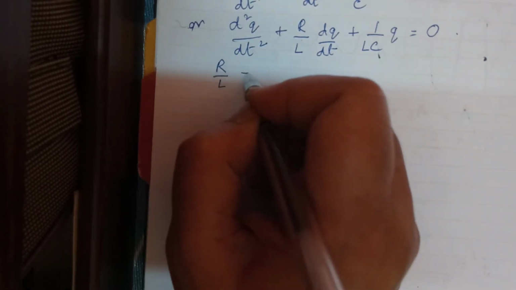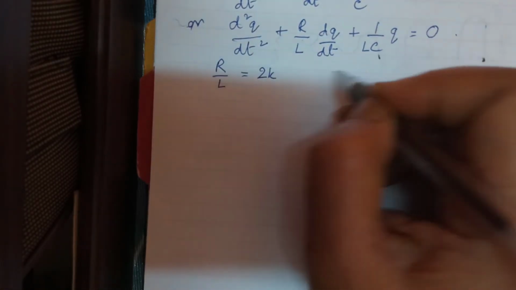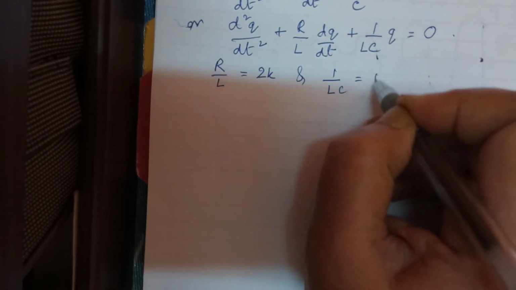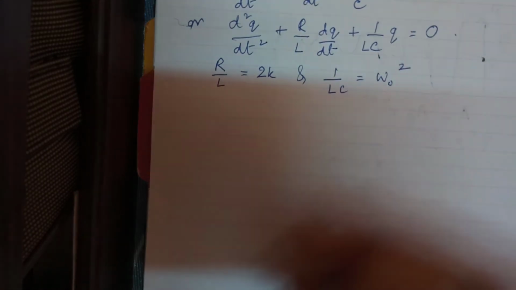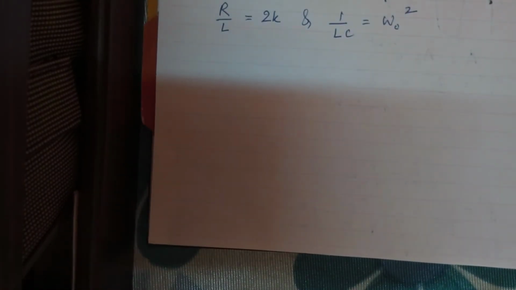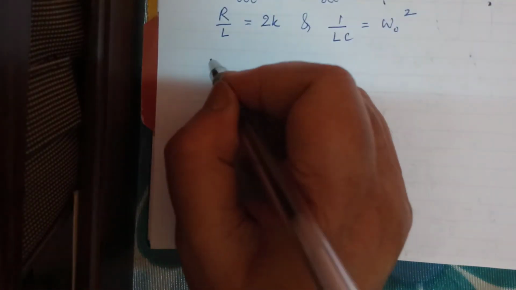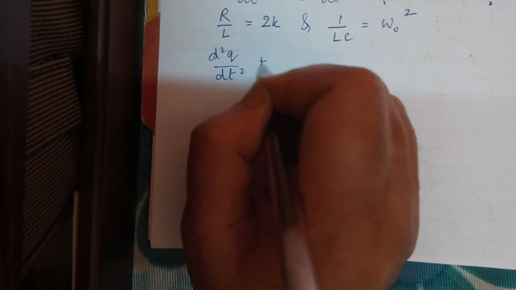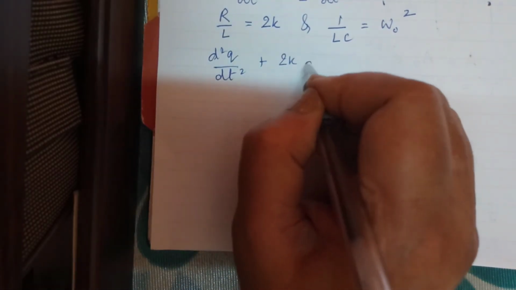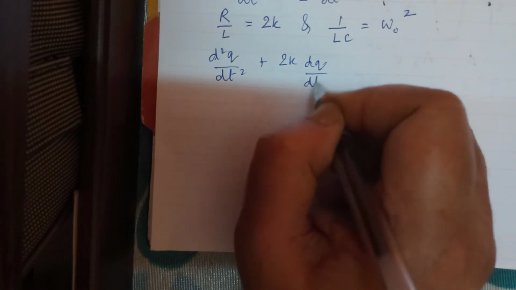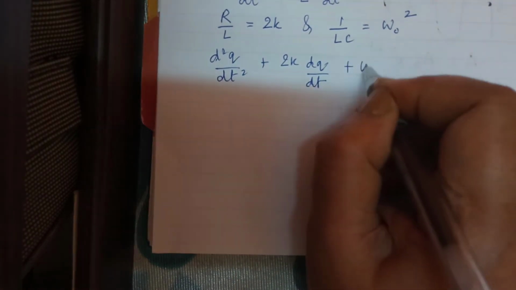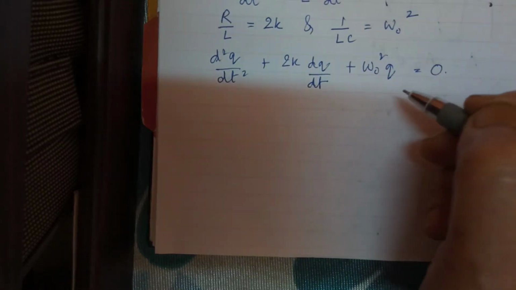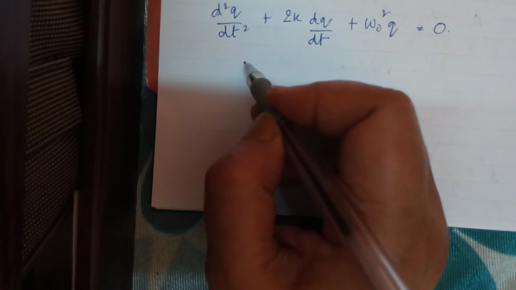Let R by L be equal to 2k and 1 by LC be equal to omega 0 square, so that finally you write your equation as d2q/dt square plus 2k dq/dt plus omega 0 square q equal to 0. From here you can write the solution for q.